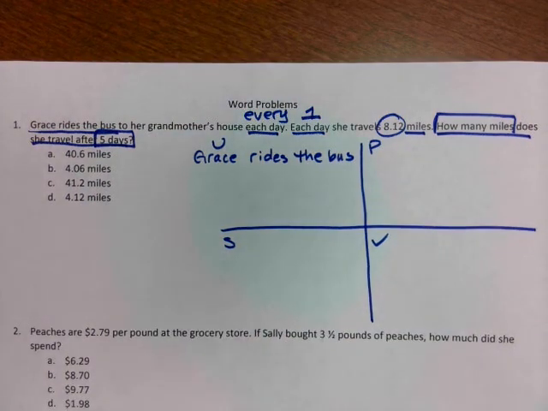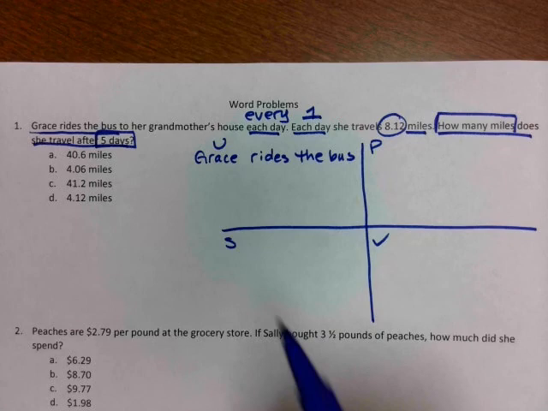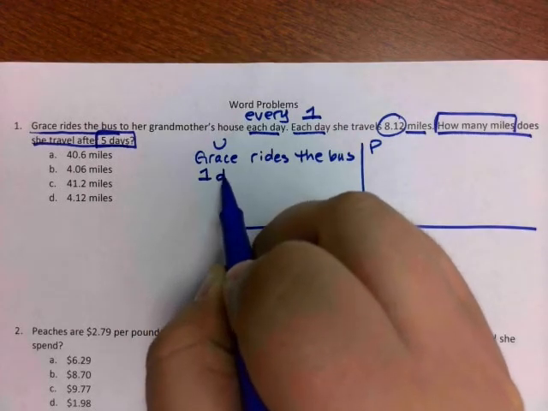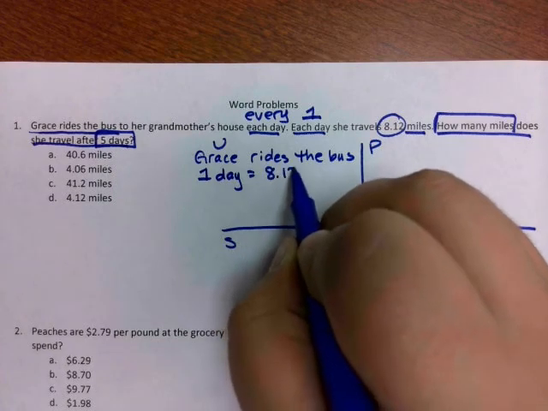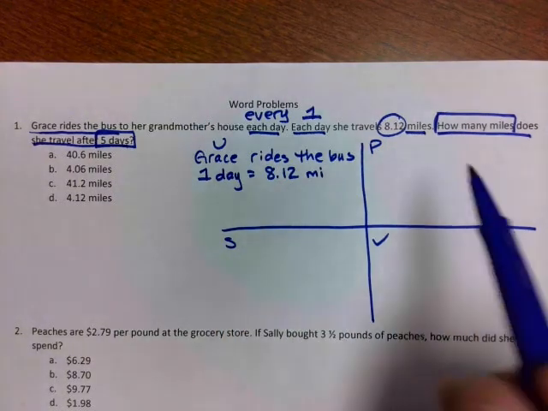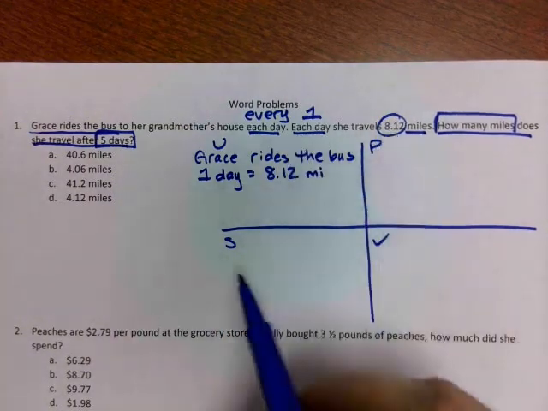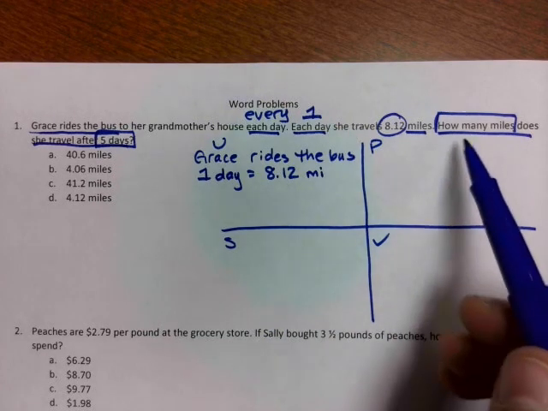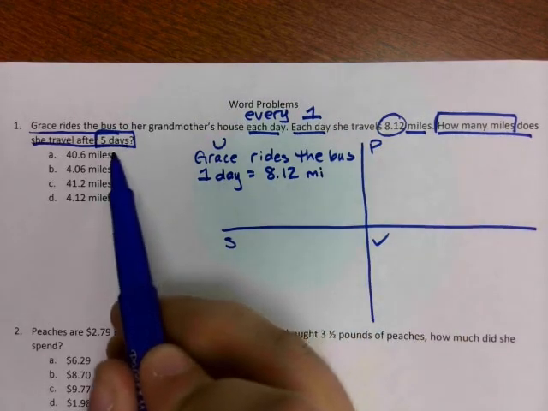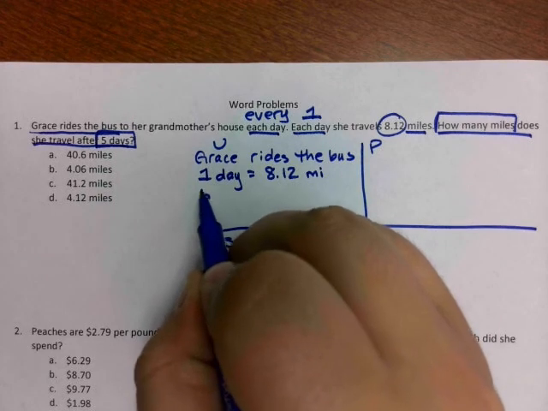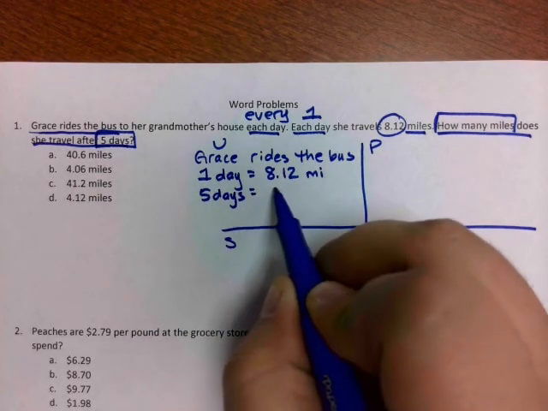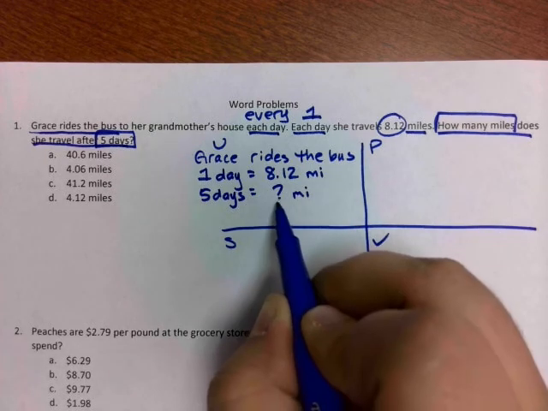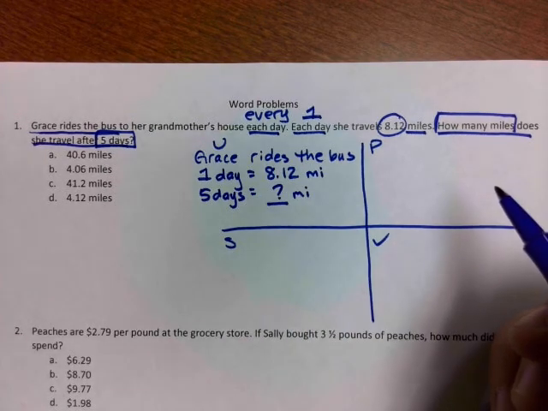Oh, sorry, guys. So we know that in one day she travels 8.12 miles. I'm going to find that right here. Each day, 8.12 miles. The question is, how many miles does she travel after 5 days? So after 5 days, we want to know how many miles that is. This is what we're solving for.